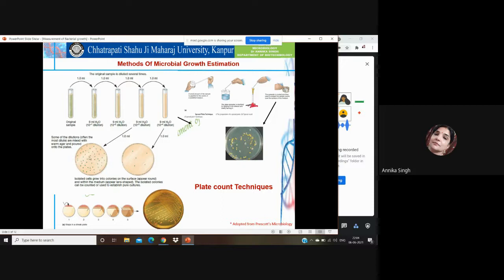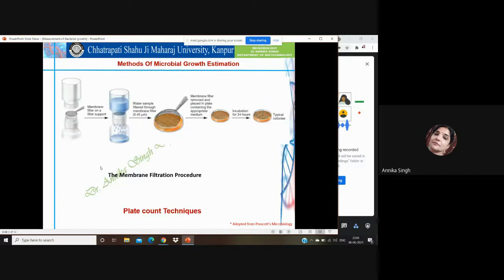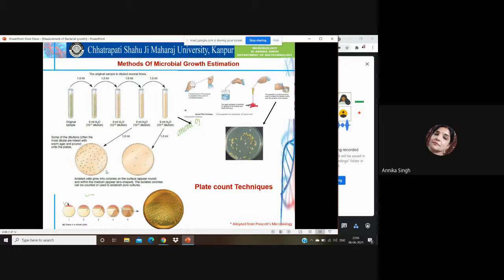Another method to obtain the pure culture colony is the pour plate method.